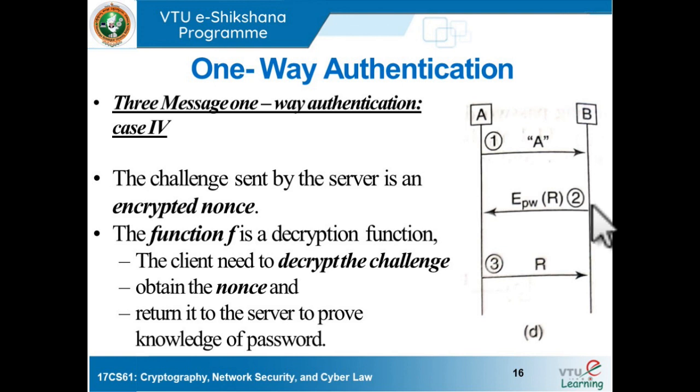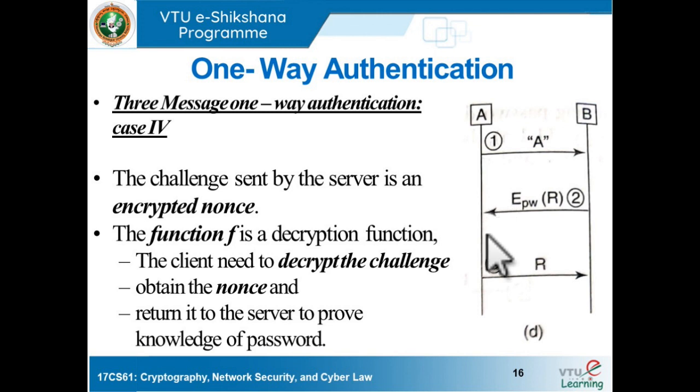B is not directly selecting a random number, which is called a nonce, and sending it to A, but instead it is encrypting it with the password which is present with itself. The password is something that is shared between A and B, and it is sent to A. Now what will A do?